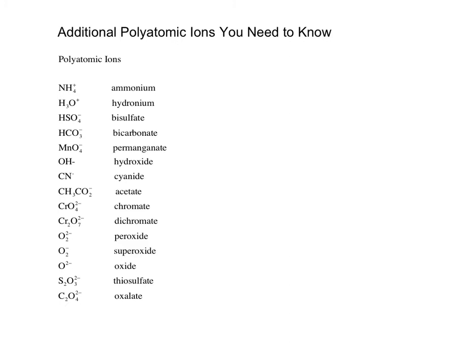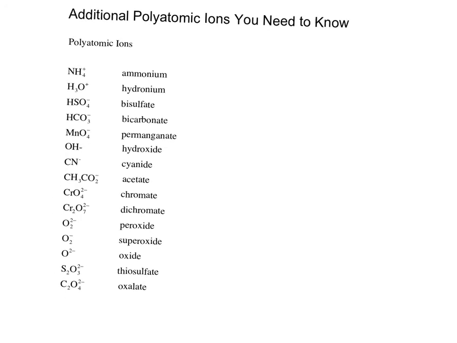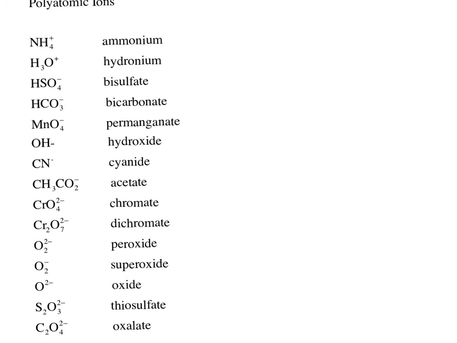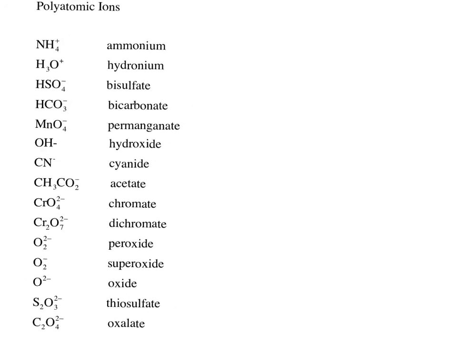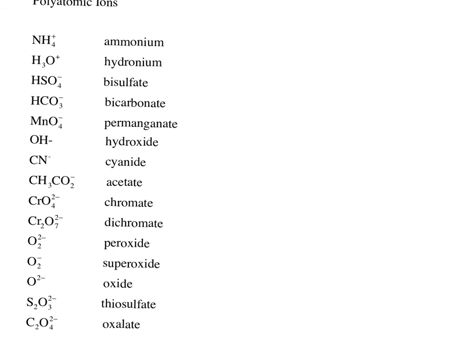You've got some positive polyatomic ions, ammonium and hydronium, and those are the only two positive ones. And then you have negatives. You have bisulfate, bicarbonate, permanganate, hydroxide, cyanide, acetate, chromate, dichromate, peroxide, superoxide, oxide.